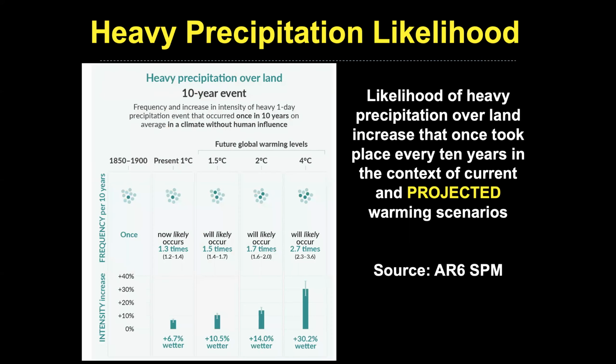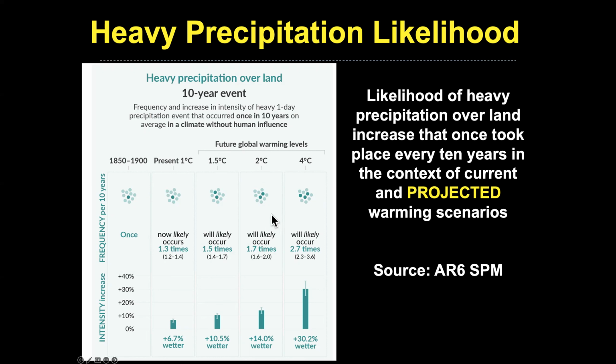Here is the idea of heavy precipitation likelihood. In other words, the likelihood of heavy precipitation over land that once took place every 10 years, in the context of current and projected warming scenarios. So for example, presently, what once used to happen every 10 years is now 1.3 times more likely to occur. In a 1.5 degree scenario, it'll be 1.5 times as likely to occur. In a 2 degree warming scenario, it will be 1.7 times as likely.